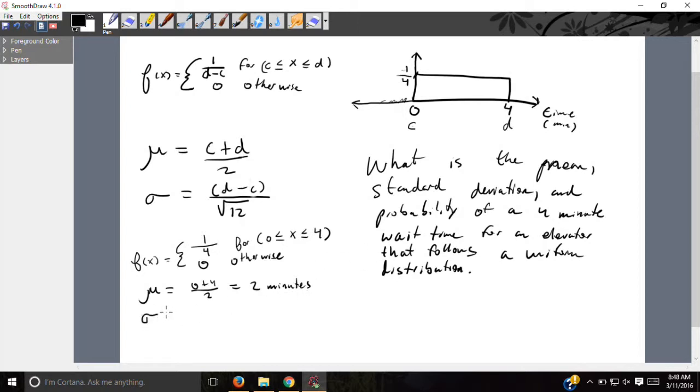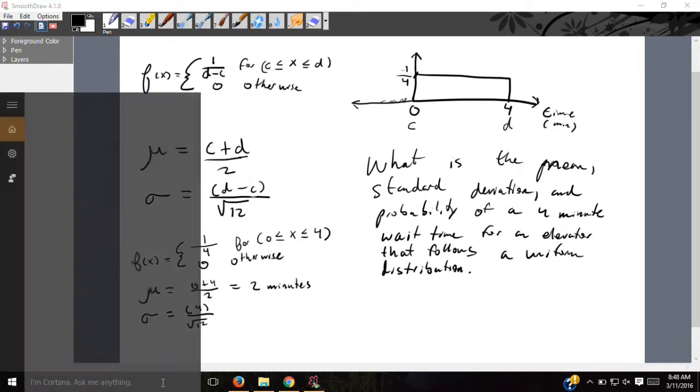So the average wait time for this elevator is 2 minutes. Now let's find my standard deviation, and that is d minus c over the square root of 12, which is 4 minus 0, which is 4, divided by the square root of 12. I'm not quite sure what that is, so let's go to the calculator.